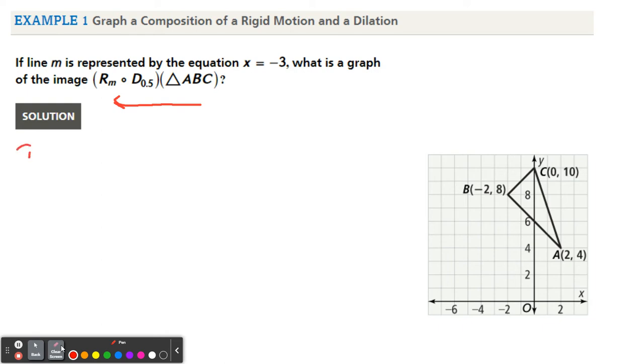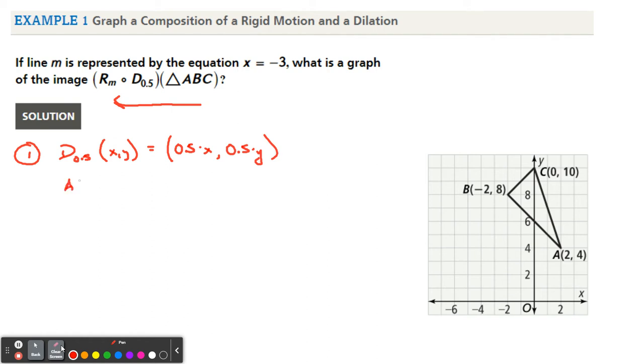So the first thing we're going to do is the dilation of a scale factor of 0.5. Now, because the center of dilation is not listed, it is the origin, right? So remember, the rule is when you do this to any point (x, y), it's going to become 0.5 times x, so 1/2 of x, and 0.5 times y, 1/2 of y, right?